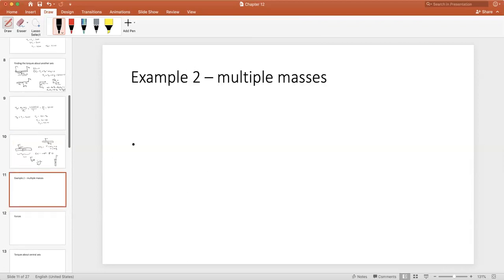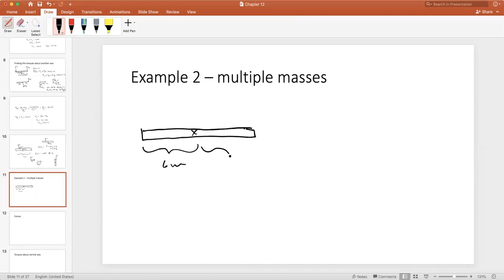And this is the same idea. We have a thin uniform density rod. I'm now going to assume that this distance is 6 meters and this distance is 6 meters. At this edge, I have a wire that's going to be giving me tension 1. I'm just going to call it tension 1.